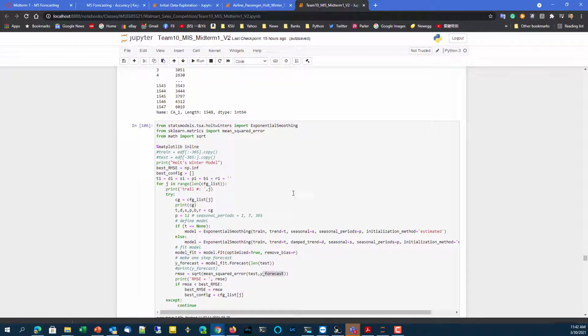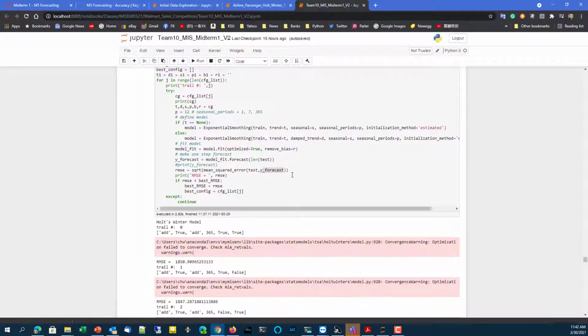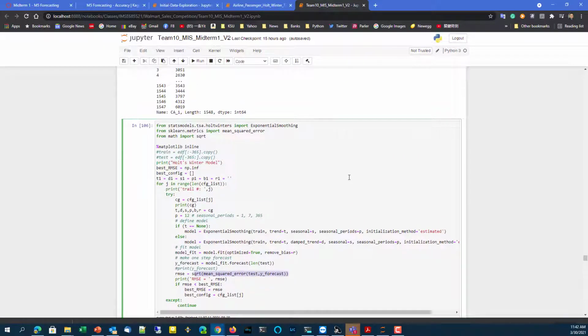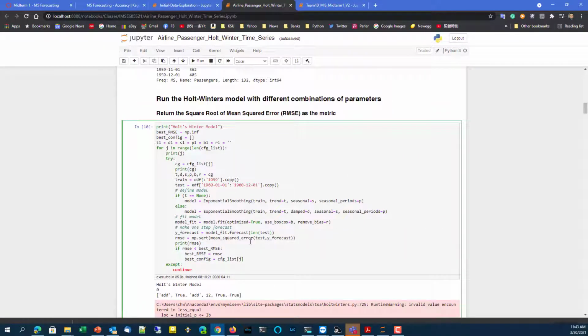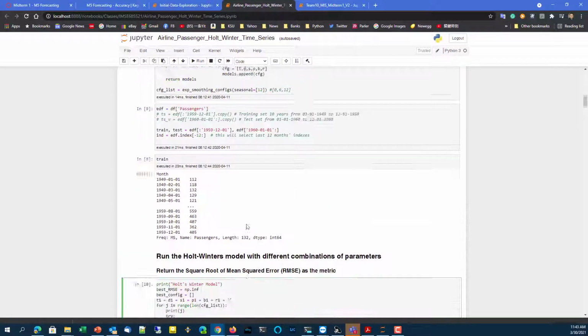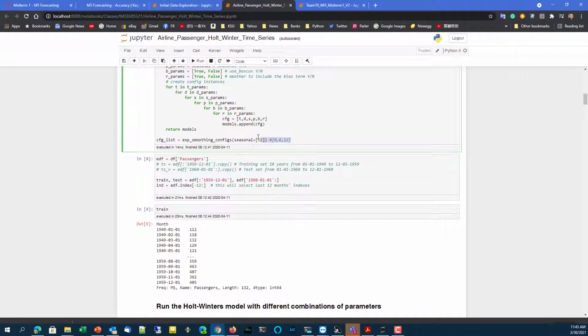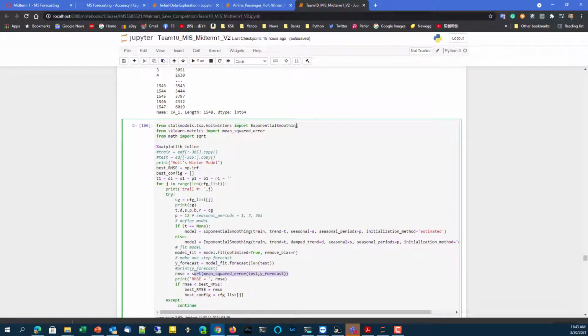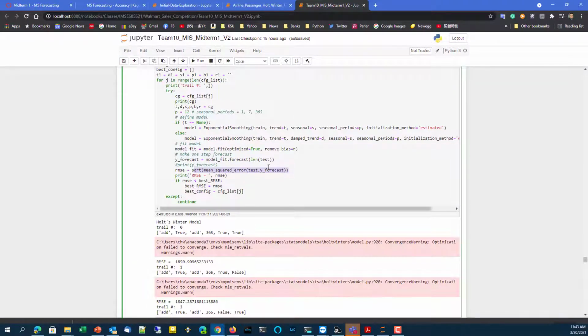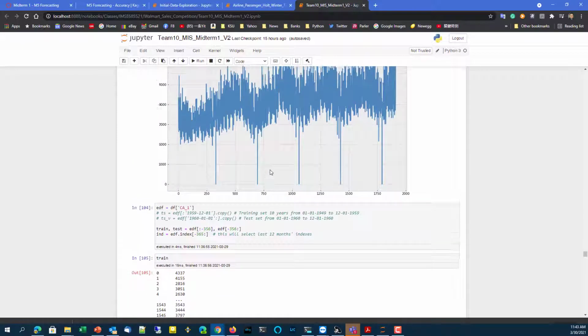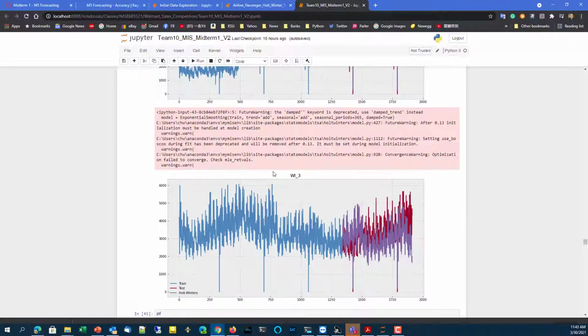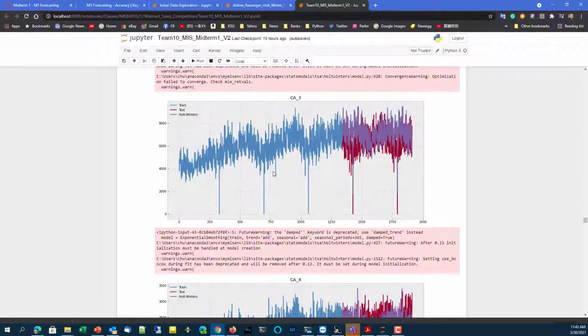The only thing is your forecast length has to be consistent with your test data set, and then you can compare the root mean square error. In the original airline file, I think the forecast period was 12, but this data set is not like that. This data set has a very different time pattern. If I remember, you can look at this.